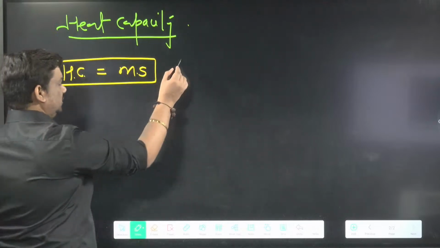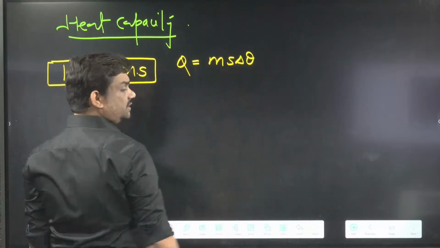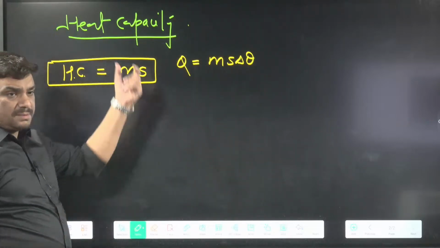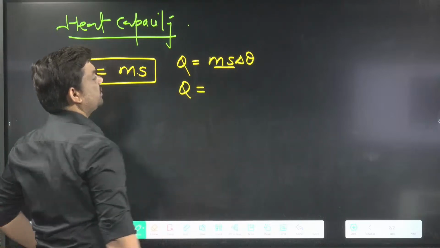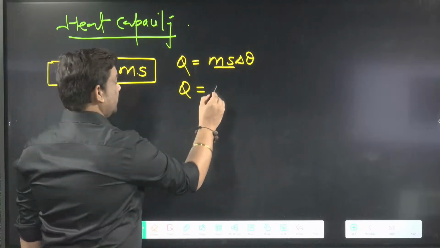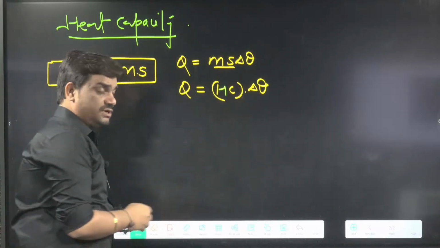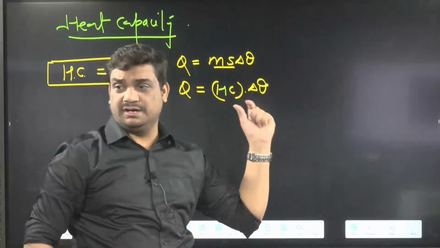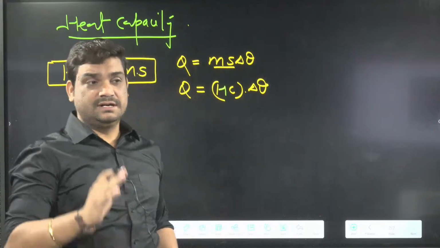Now you know Q is basically ms delta theta. So in terms of heat capacity, I can write Q equal to, ms is your heat capacity, HC, into delta theta. So Q becomes HC delta theta.